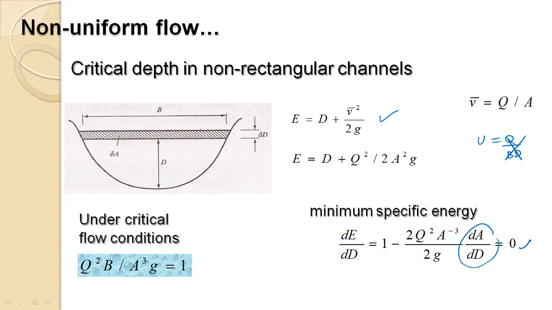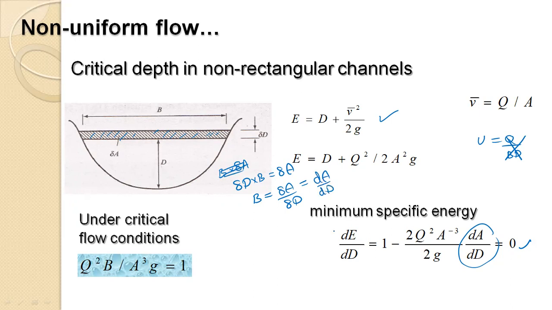So dA by dd at the surface will be basically, this is the cross-sectional area, delta D into B will be delta A. So B is delta A divided by delta D, or in other words, this is dA by dd.